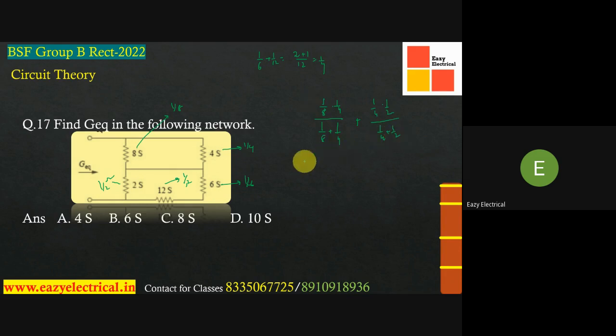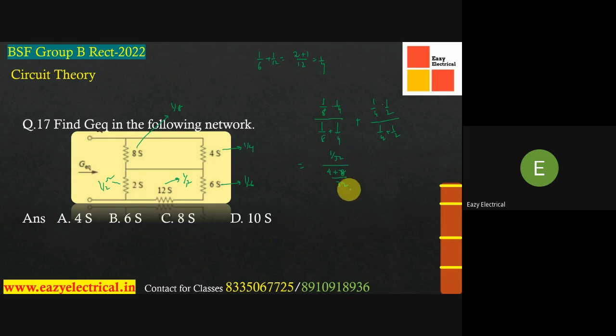Just calculate this value. Here it is 1 by 32 divided by 1 plus 2 by 32. Just write here 4 and this is 8. 4 into 8 and write here 32.